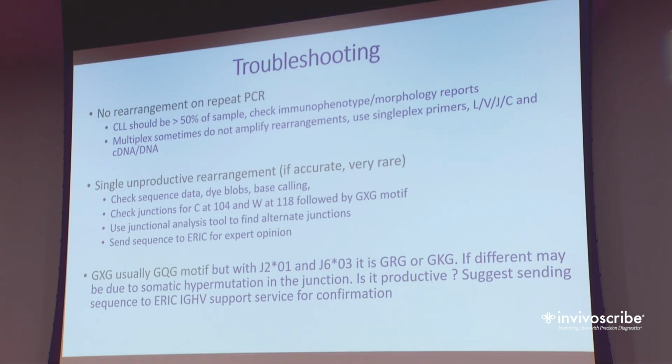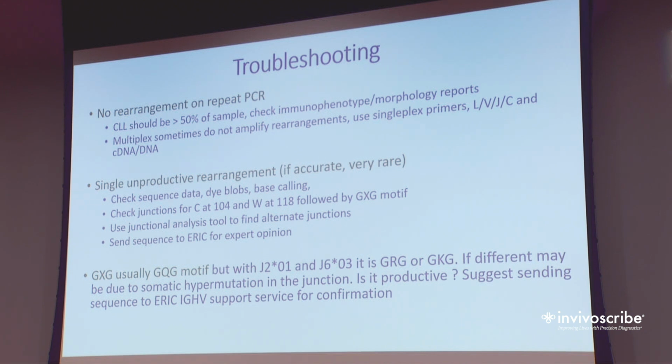Clonality, you can send them all your files for your clonal profiles or whatever you're getting out of them. They have that facility available too. Okay, so that GXG motif, that's usually GQG, as I said, doesn't happen if you're using a J2 or a J6, where you'll get a GRG or a GKG.